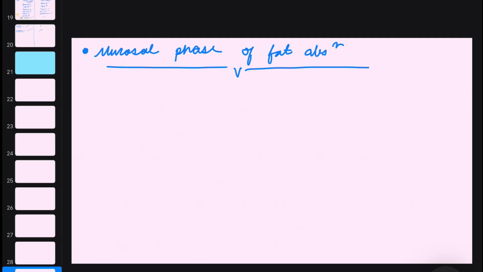So don't get confused. You understood the luminal phase, right? Okay, stop there. Now just remember that the mucosal phase of fat absorption does not have much. You don't need to remember anything, just this one thing.